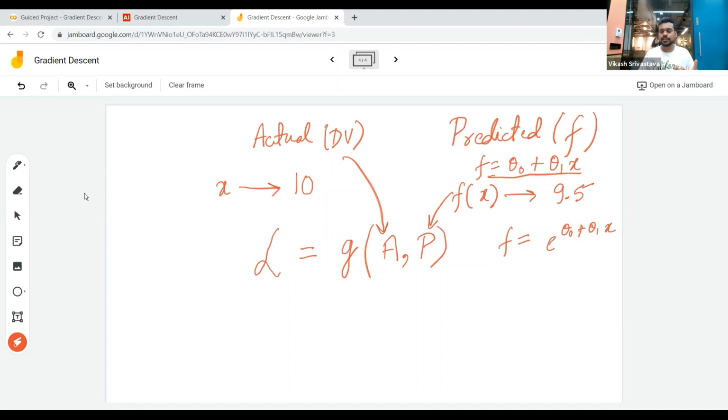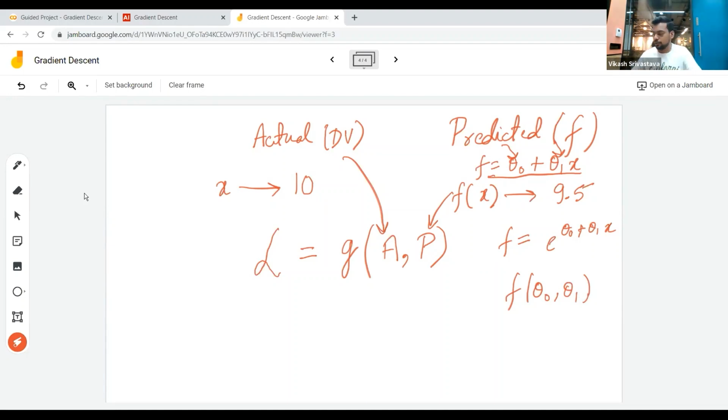These mappings are learned by training, using the training data and finding the optimal values of the parameters of the function f. In this very simple case, I have taken the function theta naught plus theta 1 x, but there could be a lot of different forms. So we'll simply write f of theta naught, theta 1. It could be multiple thetas as well, depending upon the complexity of the model.